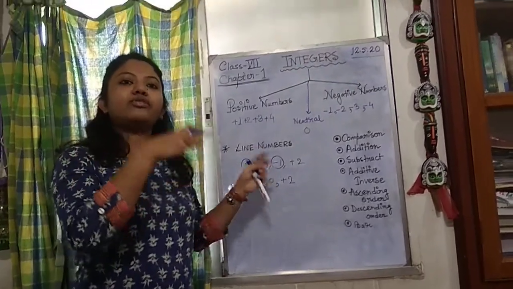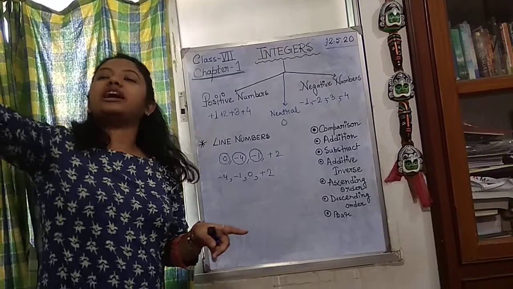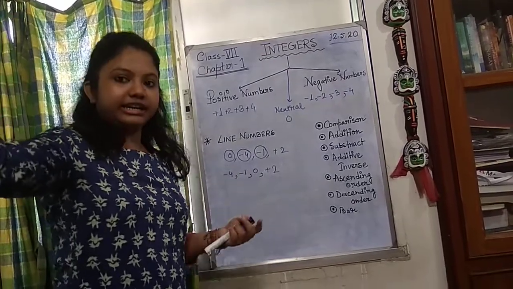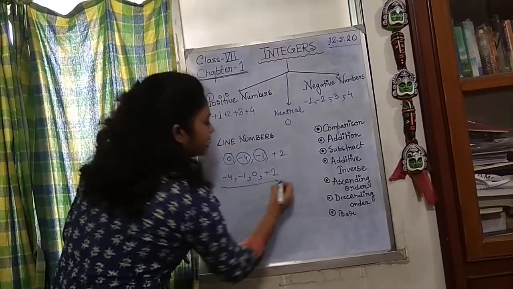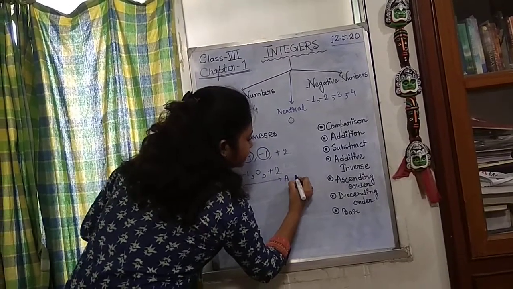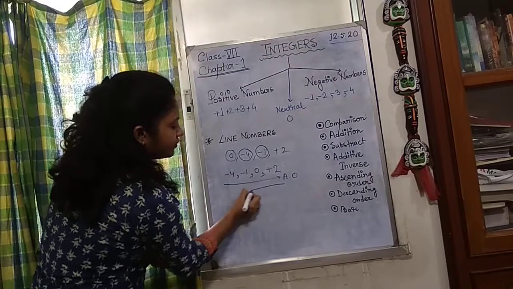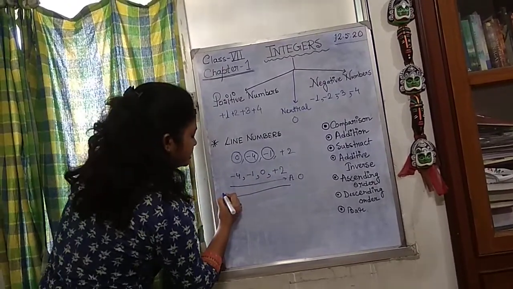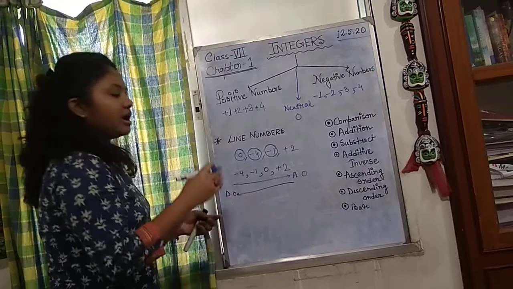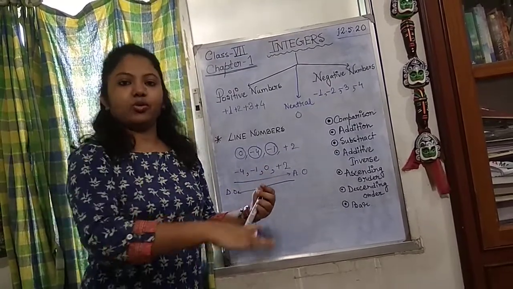So when we go from the smaller to the higher one, we say we are ascending. So when we are writing in this manner, this is the ascending order, and when we are writing from +2 to -4, this is the descending order, because descend means from up to low.